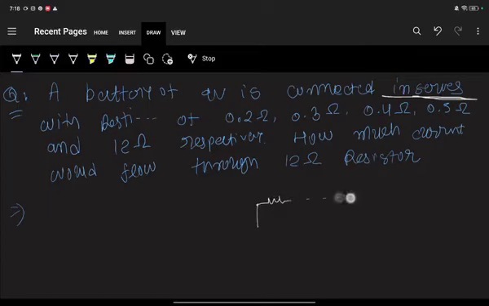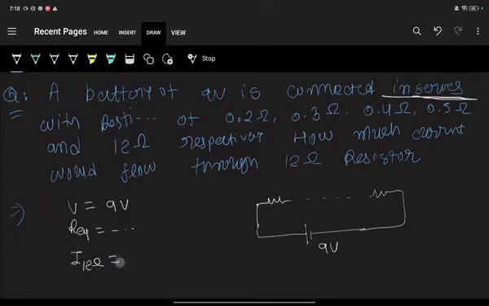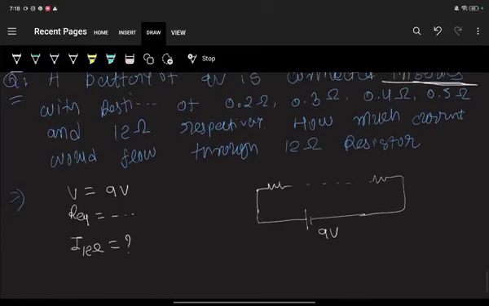These all are resistors, and there is one battery of 9 volt. What will be your approach?